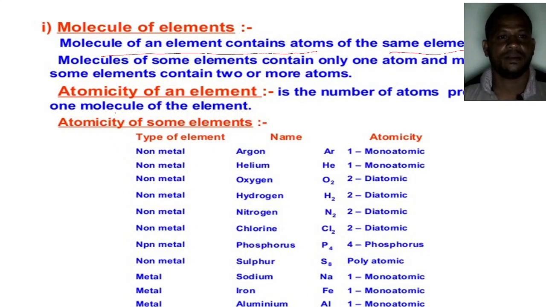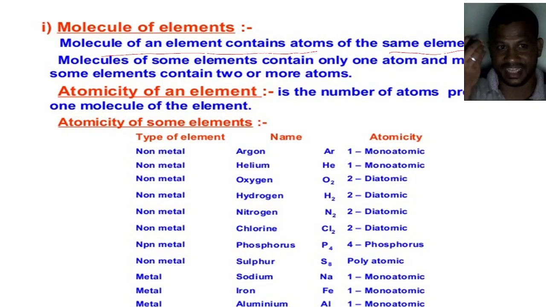And molecules of some elements contain only one atom, and molecules of some elements contain two or more atoms here. Are you getting my point? Molecules can have the same atoms or different atoms, that is, they contain the same type of element or more than one element. Okay.